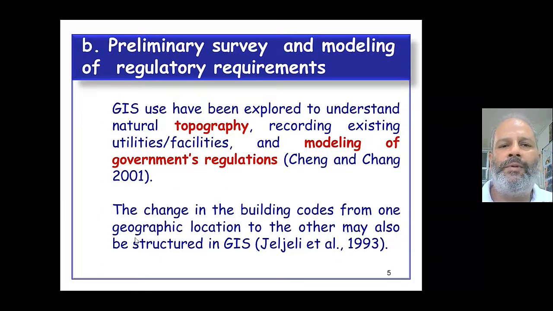The second research area in the feasibility stage, that is the preliminary survey and modeling of regulatory requirements. We have discussed earlier also that GIS helps in modeling topography and facilities or utilities in its surroundings, or in other way we can say that it helps in modeling surroundings.